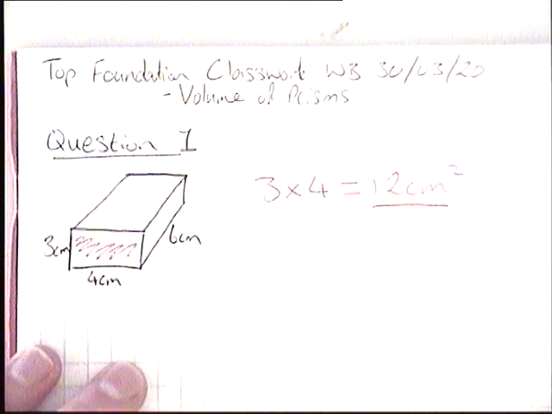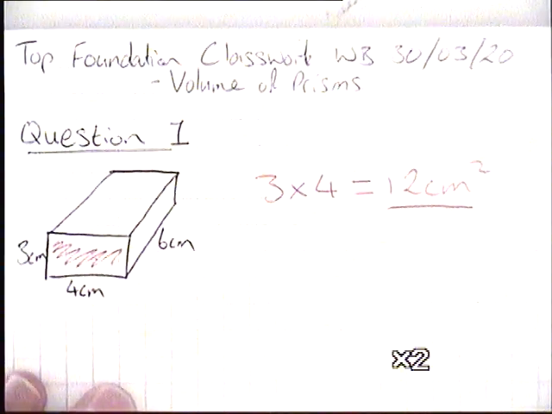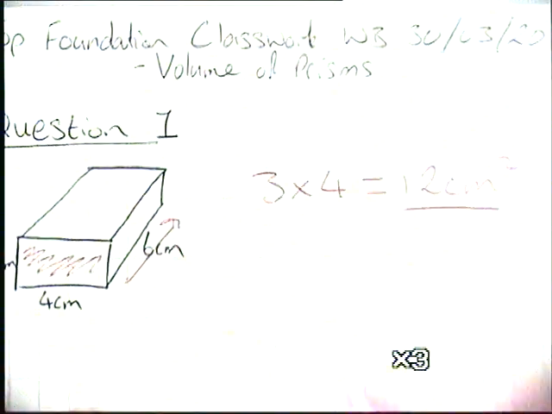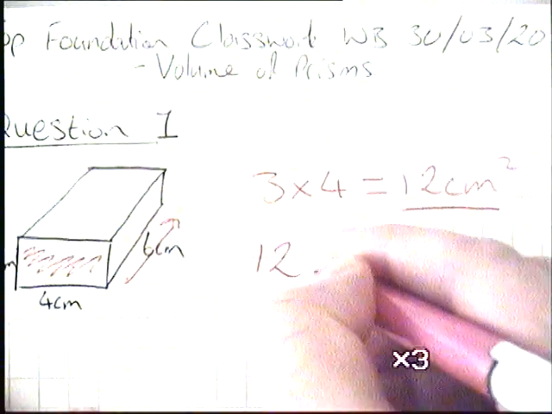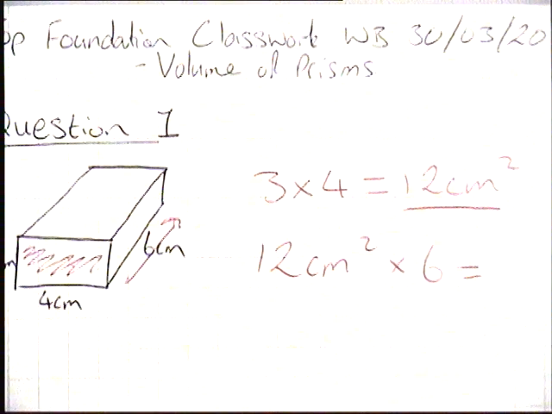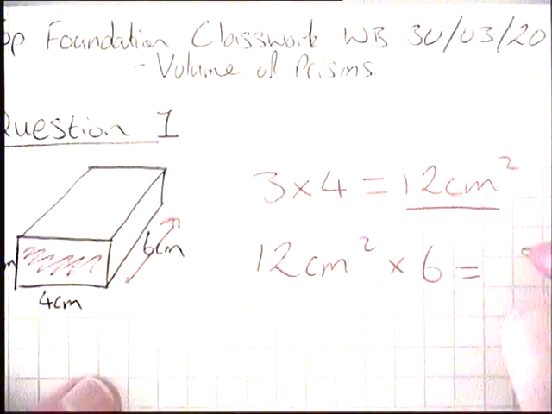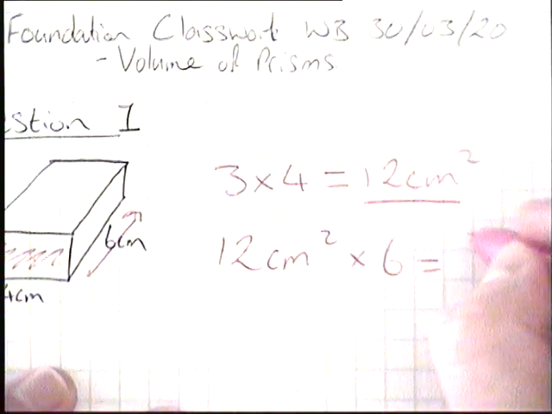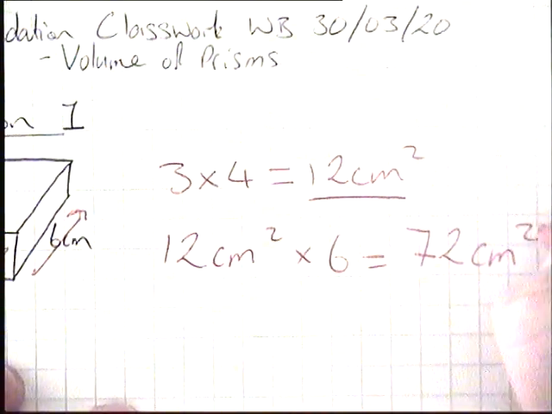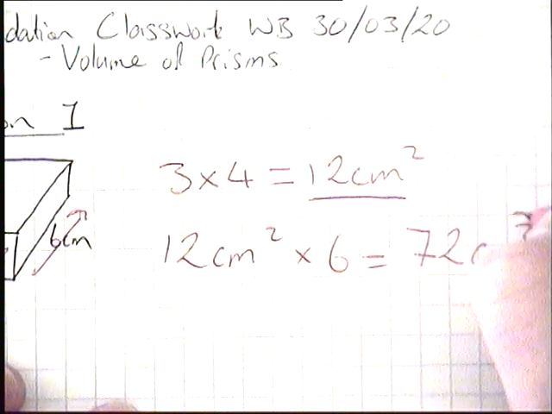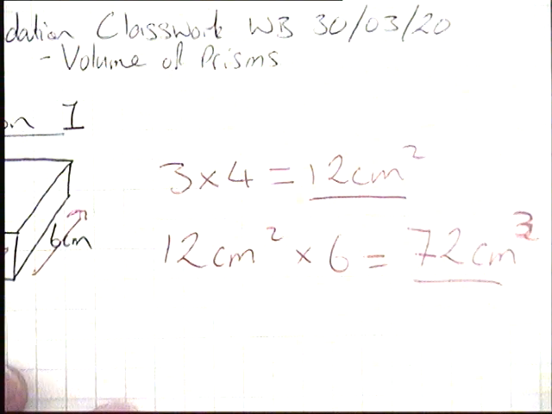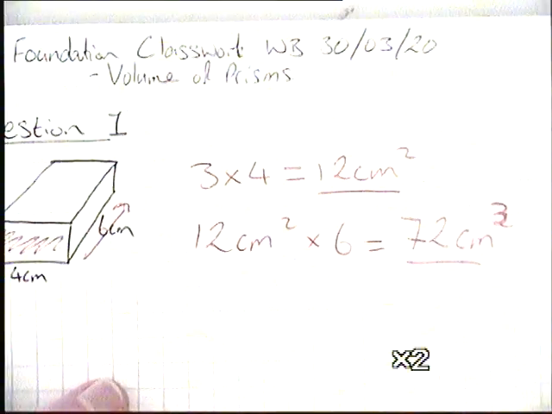And then we're going to multiply that by the length of our cuboid, which is 6 centimeters. So 12 centimeters squared times 6 leaves us with 72 centimeters cubed. That should have been. So that's the volume of your cuboid.